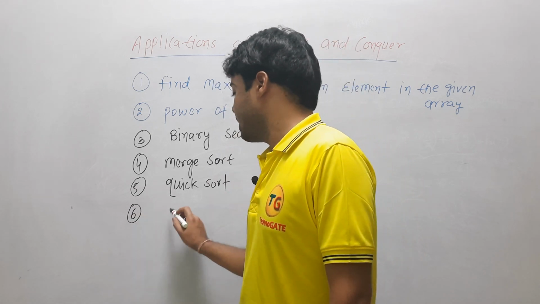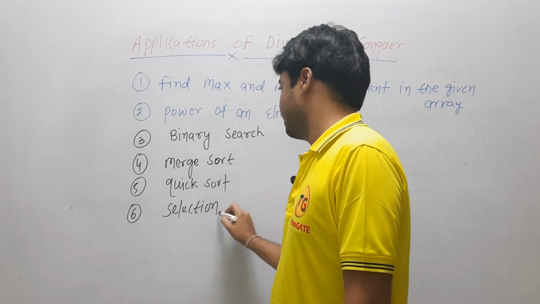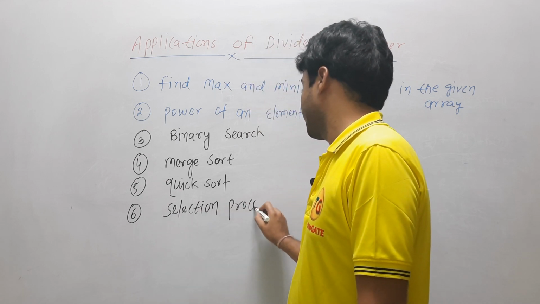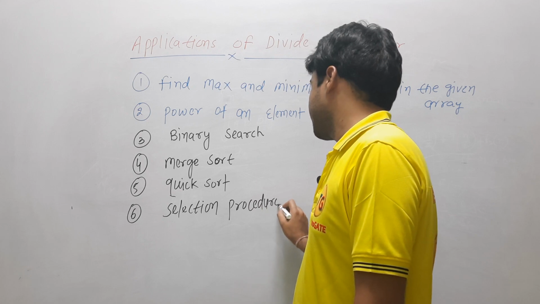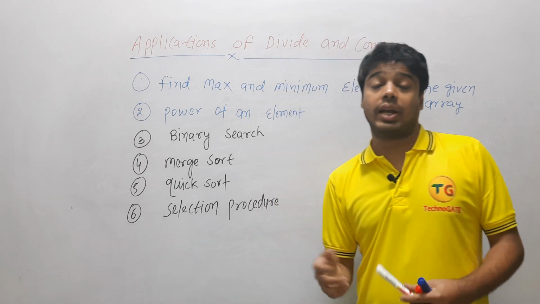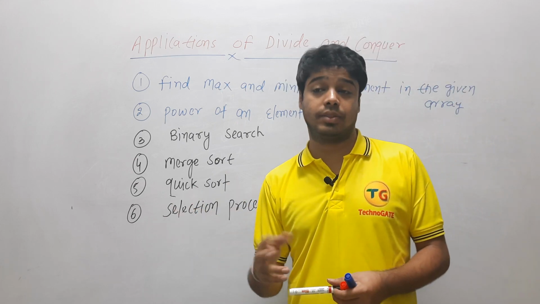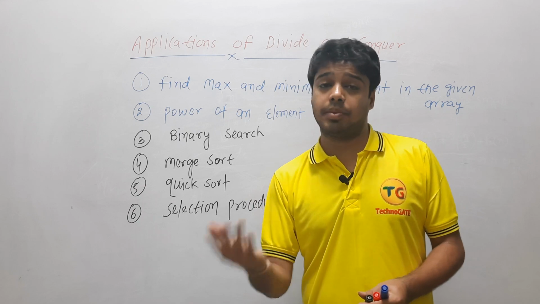Next one is the selection procedure. Selection procedure means we want to find the second largest element, third minimum element, fourth largest, kth maximum, or kth minimum.